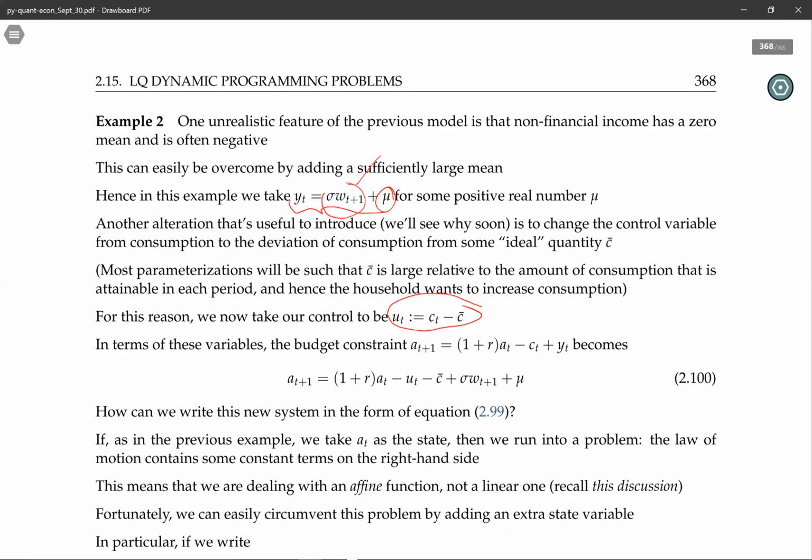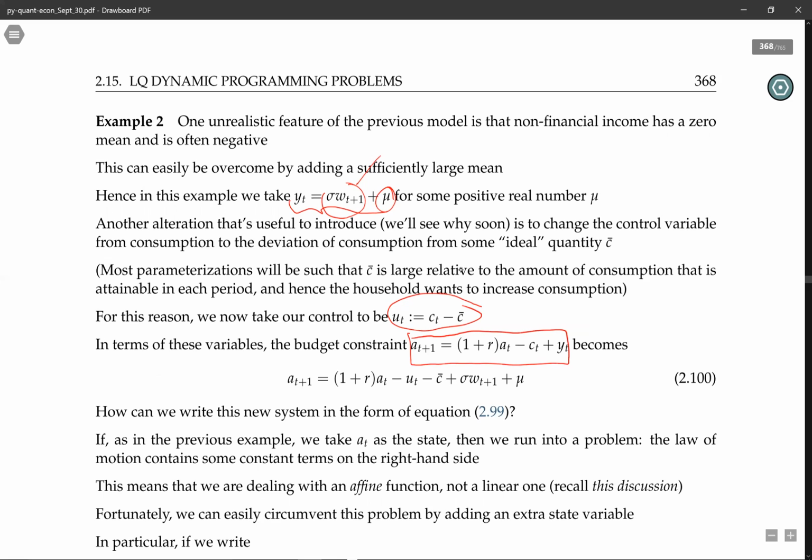It's going to play the role of bliss consumption. Okay, so now I'm going to use a trick. I'm going to write my law of motion for assets.